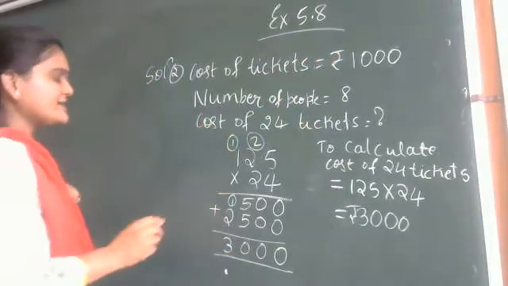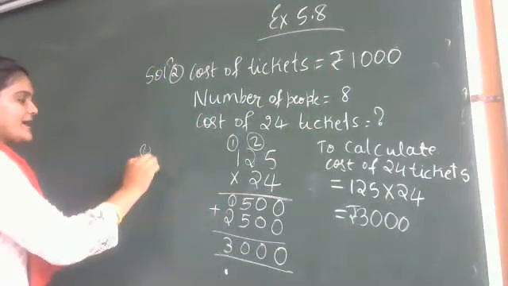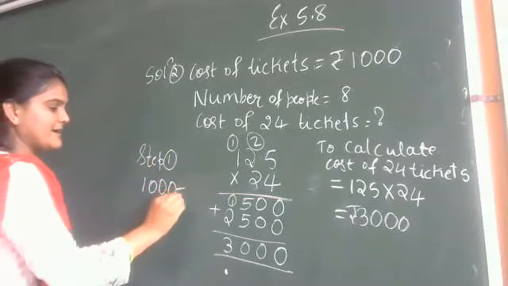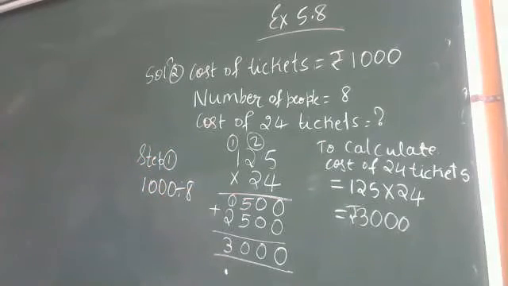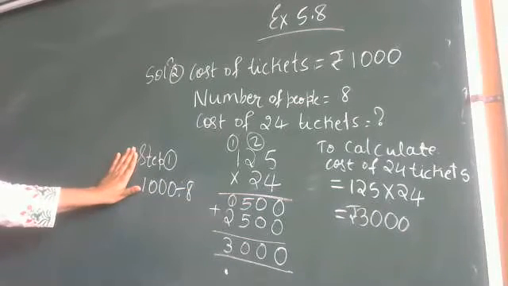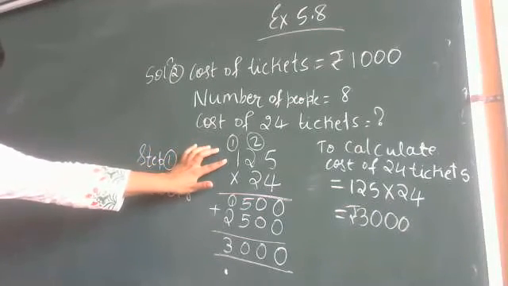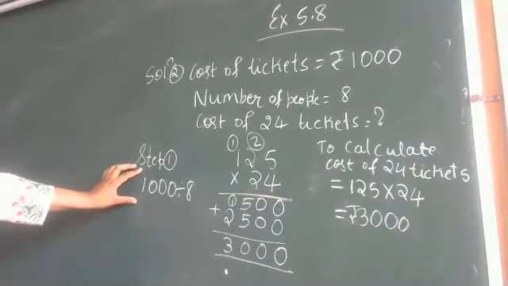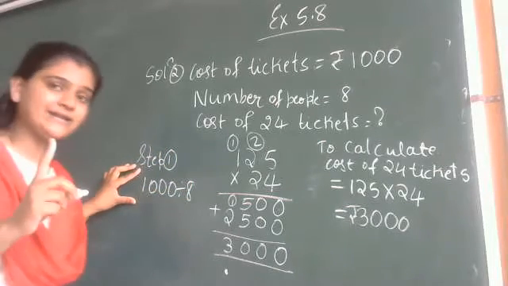That will be our first step. In step 1, we will divide 1000 by 8. What answer do we get? We have got 125. That is the cost for one ticket.